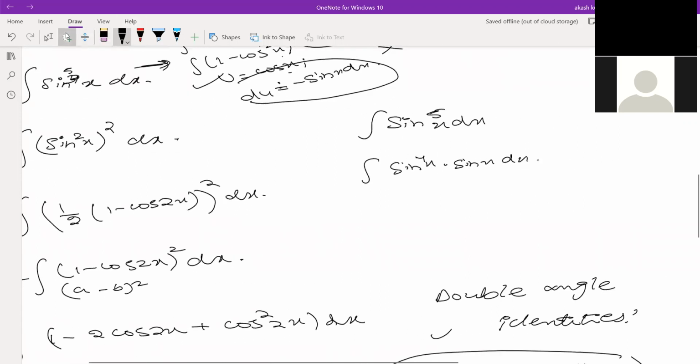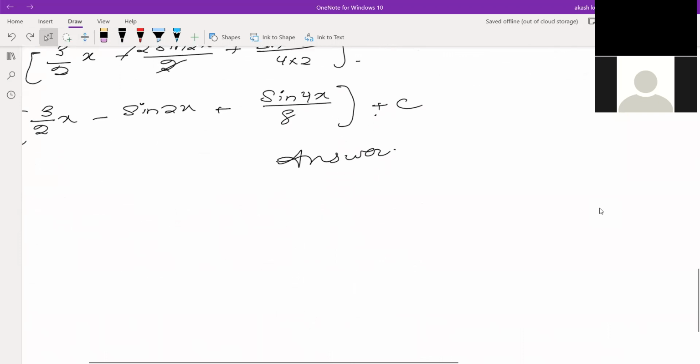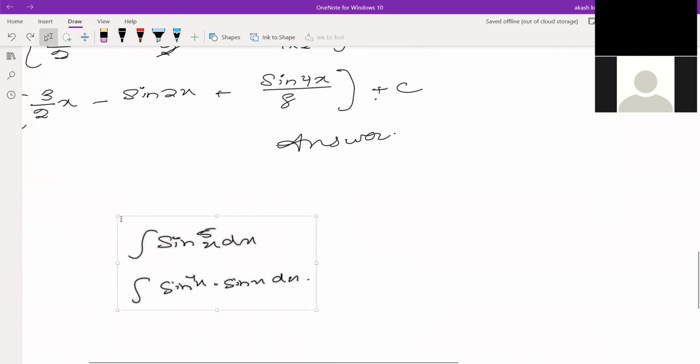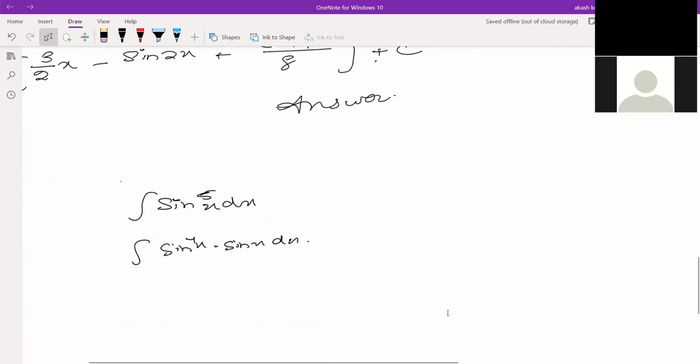Okay, let me write it down separately and let's solve this question. So if I have the function sine 5x, I can break it down into sine 4x and sine x.